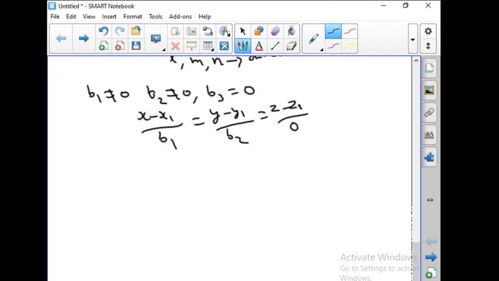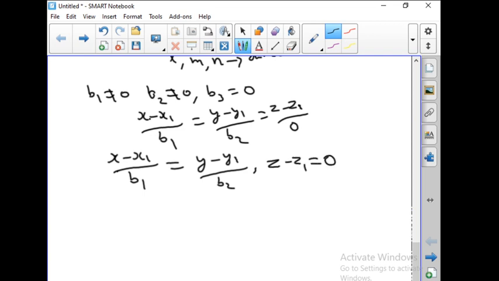So, this also can be written as x minus x1 by b1 is equal to y minus y1 by b2, and z minus z1 is equal to 0. So, remember this, we will be using it in doing problems.